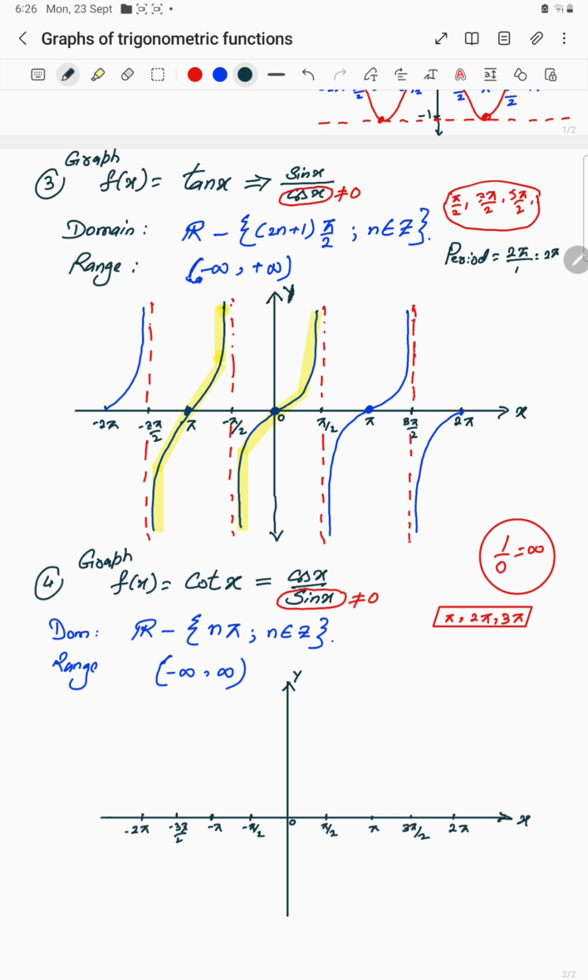Okay guys, here's the x-axis, y-axis, and as the range is infinite, we need to mark the values where the function will not be defined, at the integral multiples. So it will be here with pi, 2 pi, again with minus pi, and minus 2 pi.